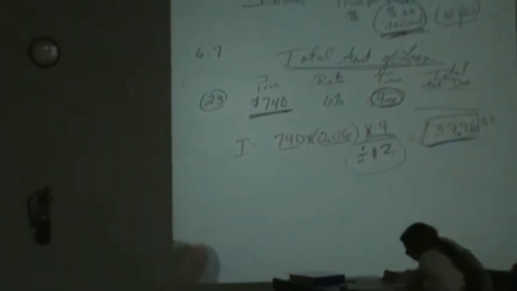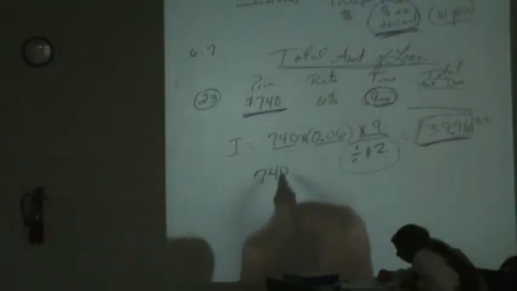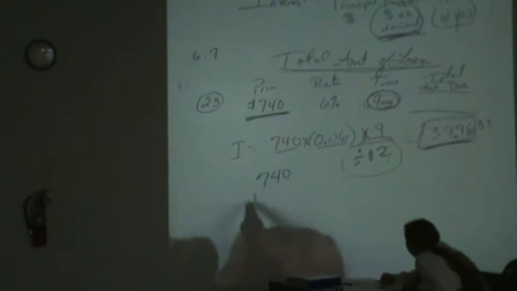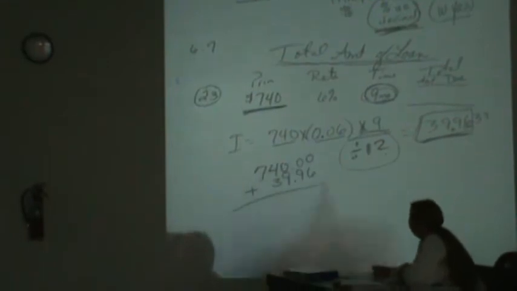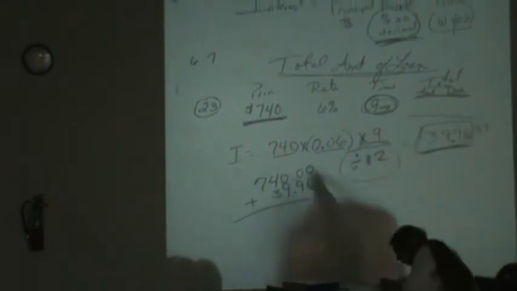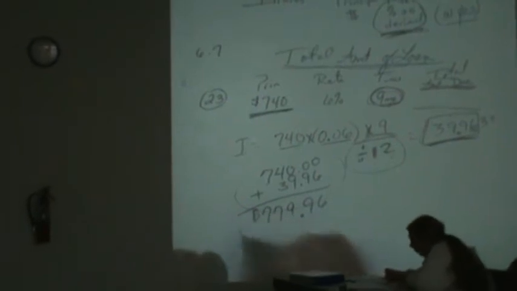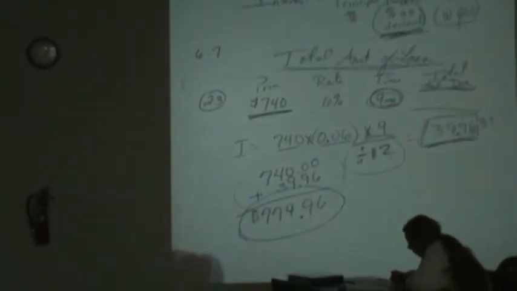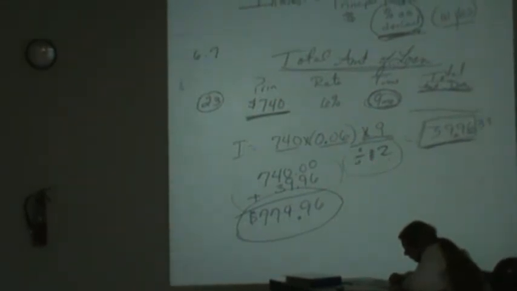You have to pay back the principal, the part you borrowed, plus all the interest that accumulated. That's how much you have to pay back on the loan. The total amount due on your loan is the whole thing. If you wait 9 months to pay the whole thing, that's what you're going to end up paying back. 30, 40 bucks isn't bad for 9 months, huh?